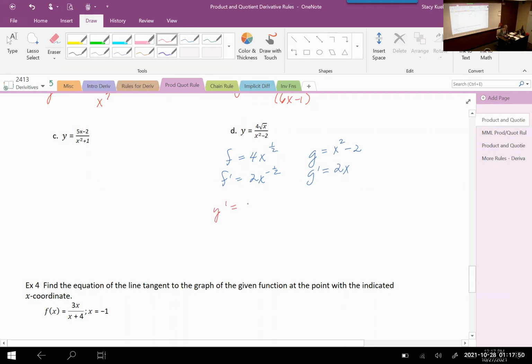So the derivative looks like low, which is x squared minus 2, times the derivative of the high, which is 2x to the negative 1/2, minus 4x to the 1/2 times 2x. Now all over the denominator, x squared minus 2 squared.